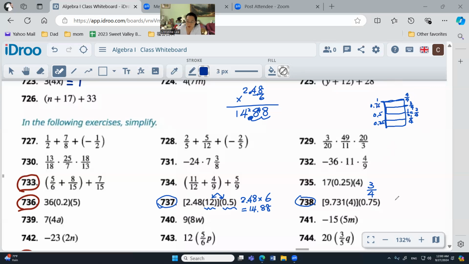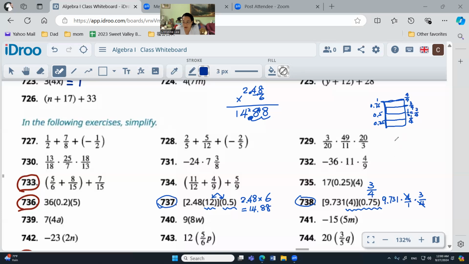Okay, so here we are doing associative property. If we rewrite, 9.731 times 4 over 1, times 3/4. Cancel, cancel.